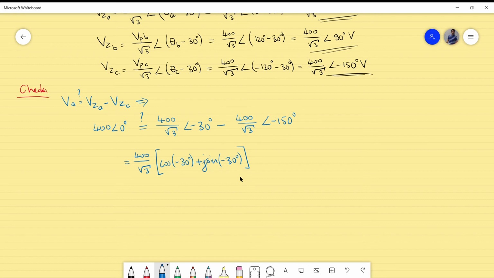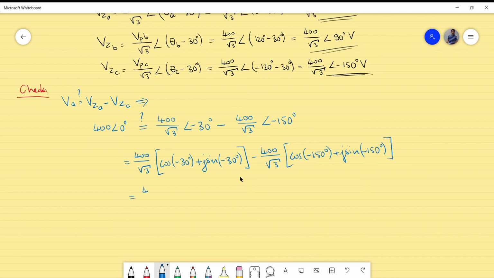For the first part, that's done. For the second part, we have again the amplitude outside the bracket, so we'll have the cosine of the minus 150 degrees plus j sine minus 150 degrees.